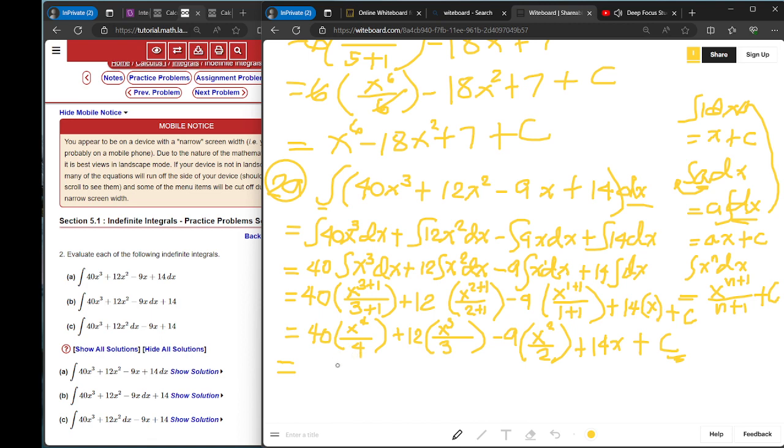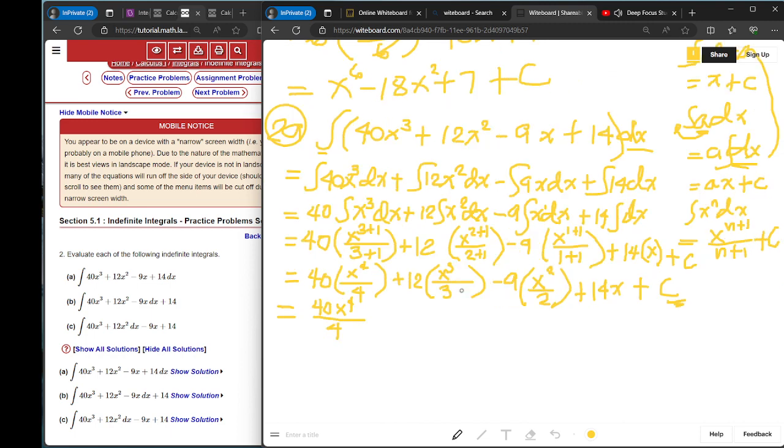I'll write this out so that I can recall why certain numbers become what they are: 12x cubed over 3, minus 9x squared over 2, plus 14x, plus c.